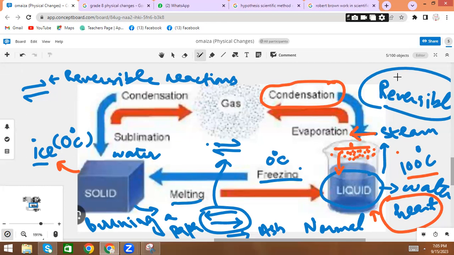That is condensation. Condensing is like the tiny water particles coming back into the liquid pot. Evaporating is when we are giving the heat. The evaporation happens with heat.